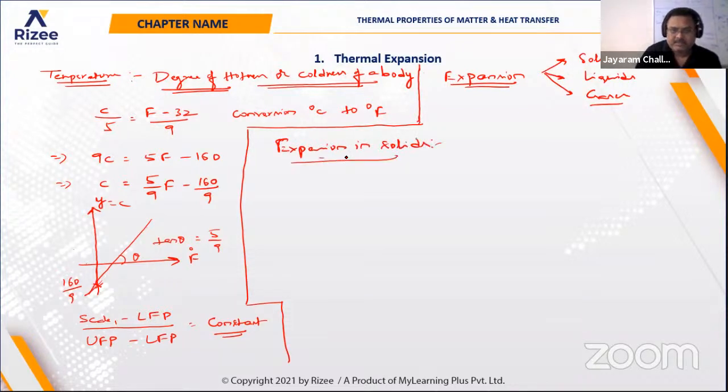So what is expansion in the case of solids? As you give heat to any particular solid, you are raising the temperature. That means you are giving some energy to it.